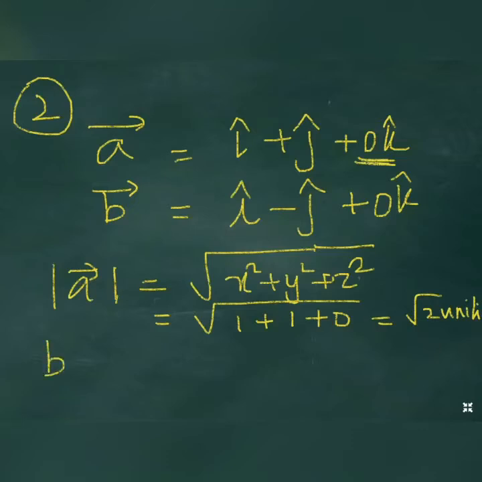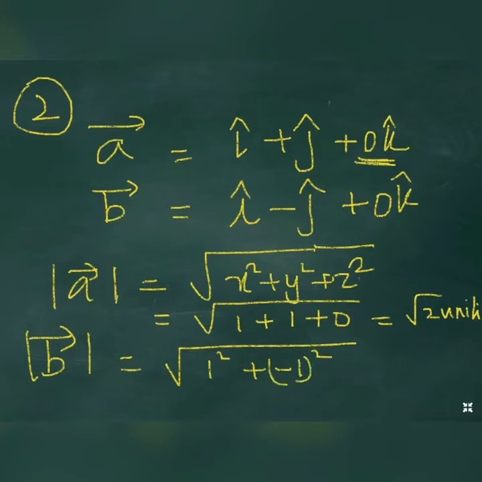And now similarly, finding the magnitude of vector B, we get 1 square plus minus 1 square plus 0 square, which will be 1 plus 1, which will be equal to root 2 units. So we have written two different vectors having the same magnitude.